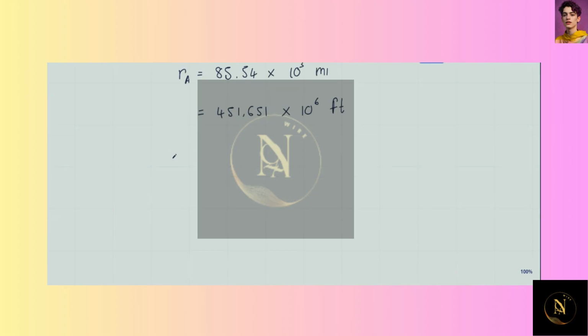We're also given the period of Atlas's orbit. Tau A is 0.6017 days, and this is 51,987 seconds.